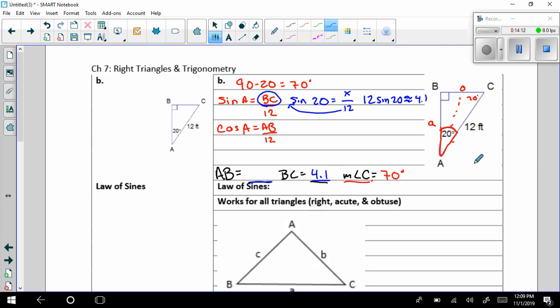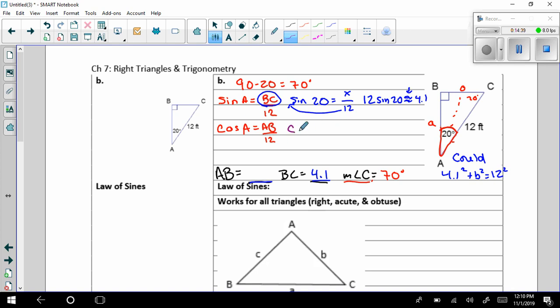Now at this point in time, you could do 4.1 squared plus b squared equals 12 squared. It's not going to be as accurate because this has been rounded. This is an approximation. So it's better to go ahead and use your trig function just to make sure you get the most accurate answer you can.